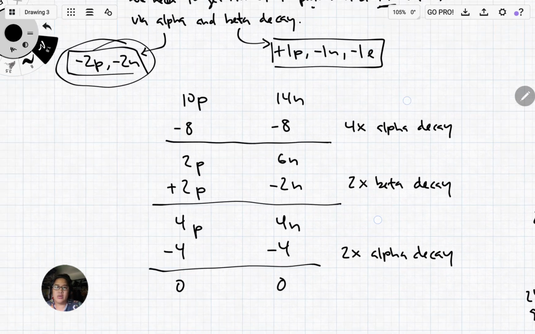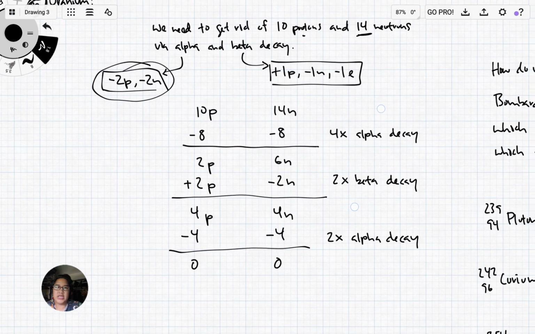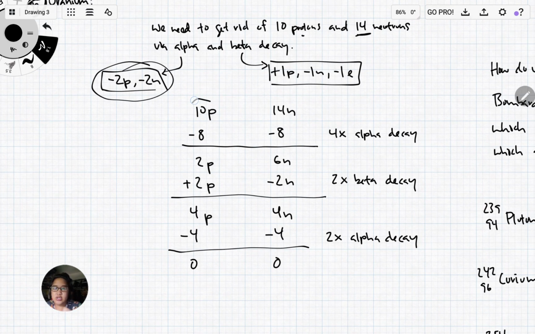Okay? So using this equation of alpha and beta decay, this is our starting point. This is what we're trying to do. Trying to get to 0, right? We can do 4 alpha decays, which is 4 times 2, right? 8, minus 8 from both sides. You get 2 protons and 6 neutrons. Now, then you can do 2 rounds of beta decay, which is adding 1 proton times 2, subtracting 1 neutron times 2.